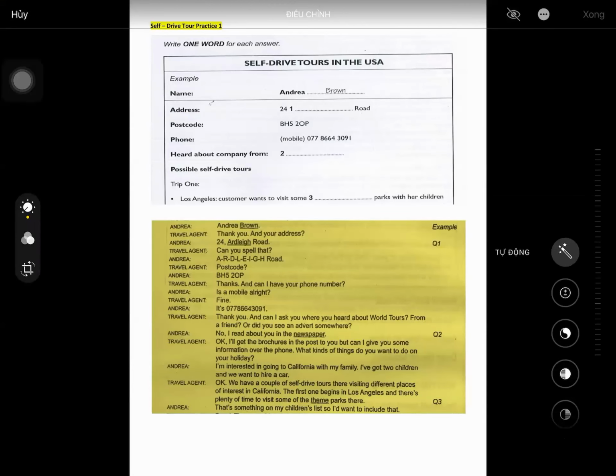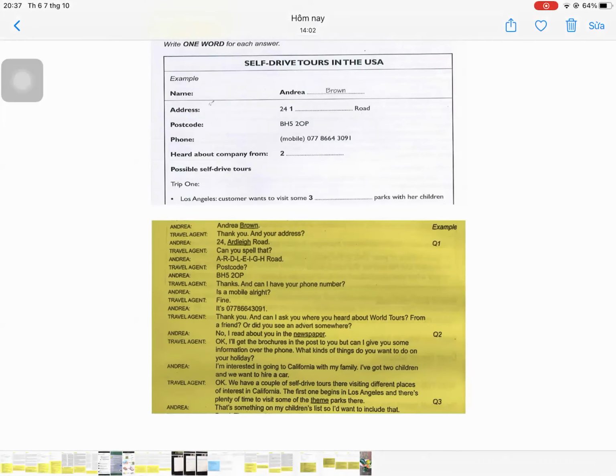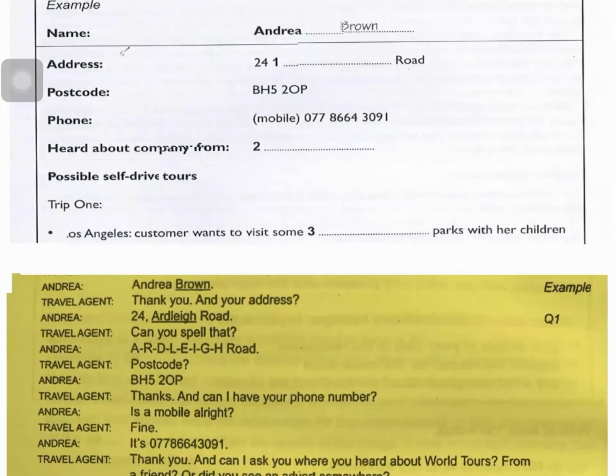It's very important that we wait for the lady's confirmation. Why? Because let's look at question number 3. Customer wants to visit some blah blah blah. The travel agent may suggest something, but you need to wait until the customer confirms that she wants that thing.